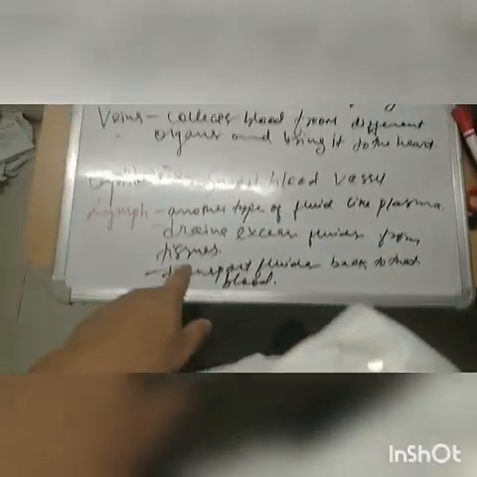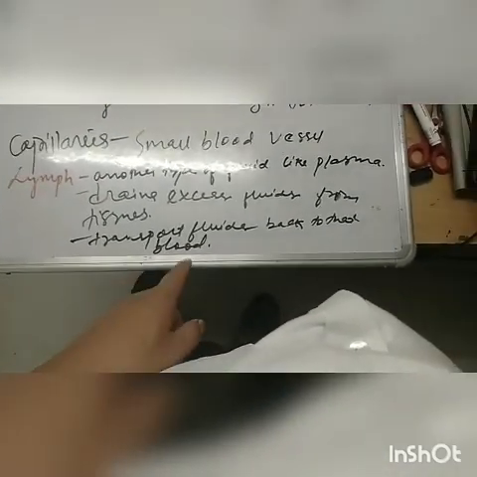Right. And the last one, this is different. Blood vessel and lymph are different. Lymph is another type of fluid like plasma. Right. It drains excess fluids from tissues and transports fluids back to the blood.